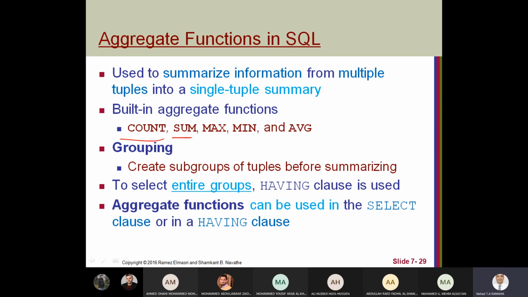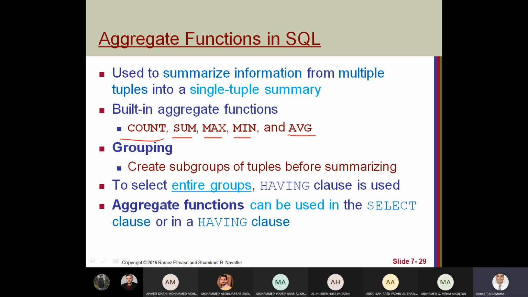You can use summation to calculate the sum in the result for one of the attributes, or get the maximum value or minimum value, or get the average.